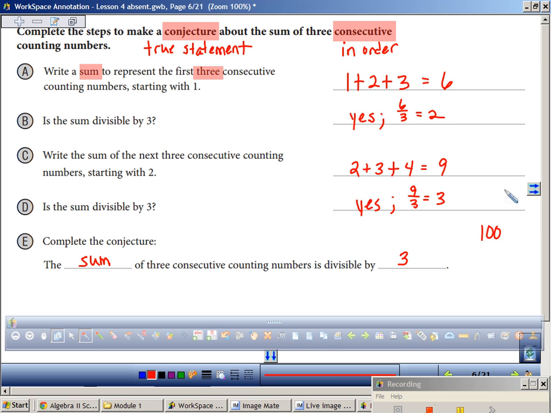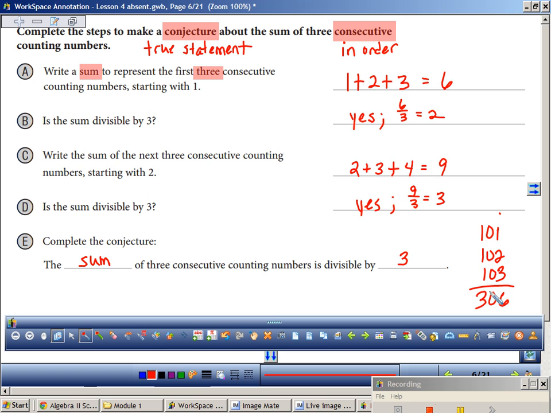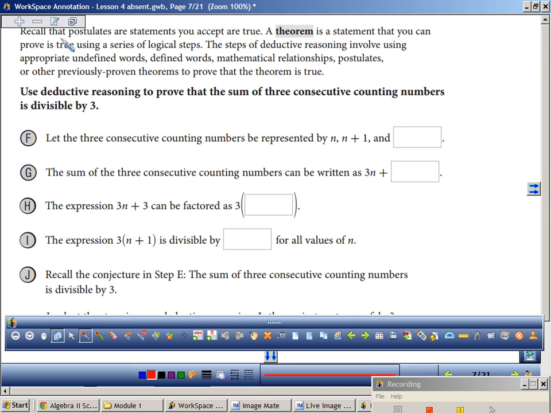Let's say 101, 102, and 103. 306, divisible by 3? Okay. Let's move on.